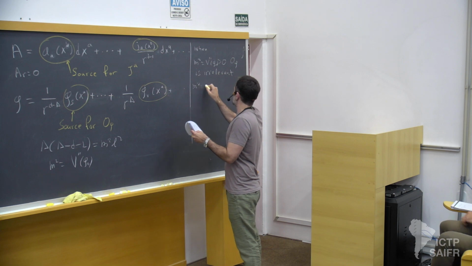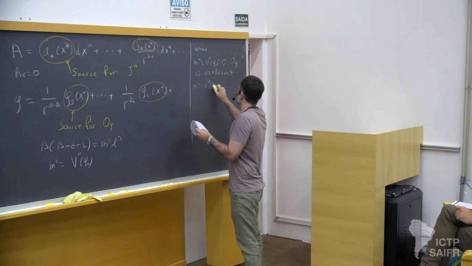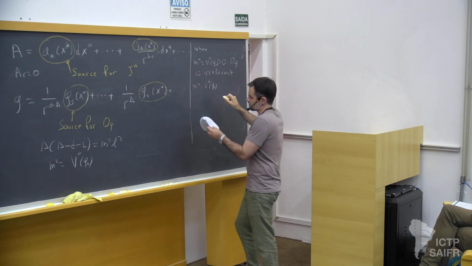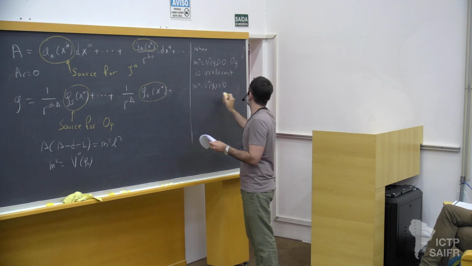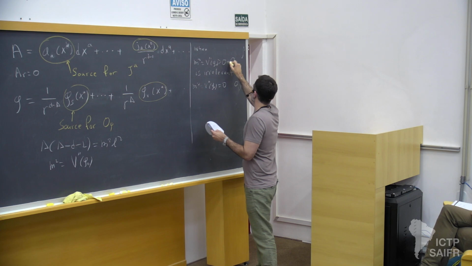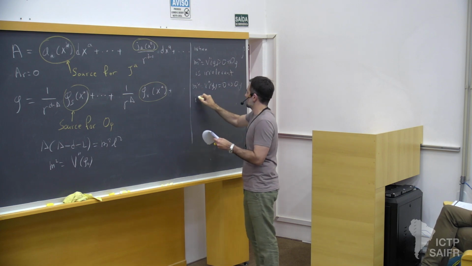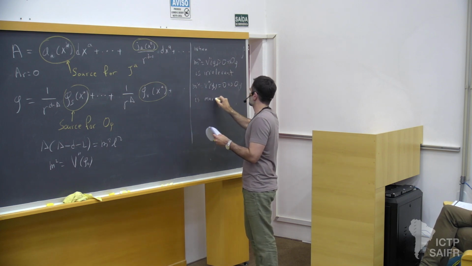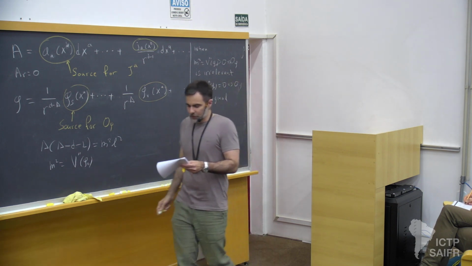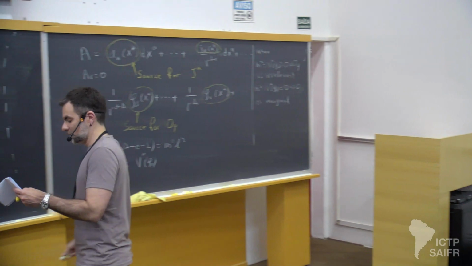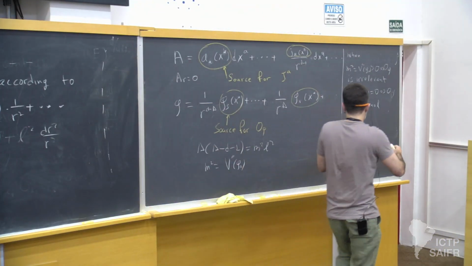If m squared is exactly 0, then O_phi is marginal. And whether you change the IR of your theory or not, it has to be decided at a nonlinear level, so that's a special case.